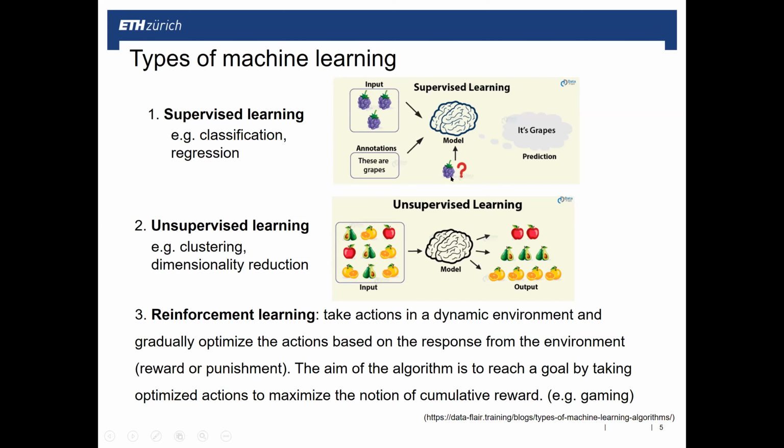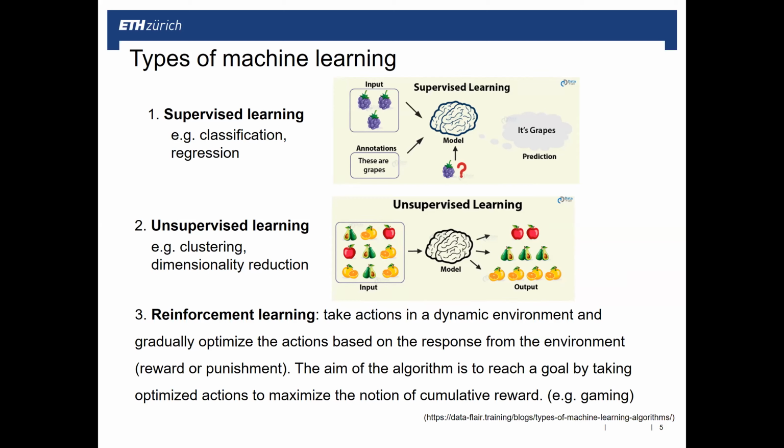So next time when you give a grape picture to this machine, it will tell you that it is a grape. Classification and regression are both typical supervised learning.